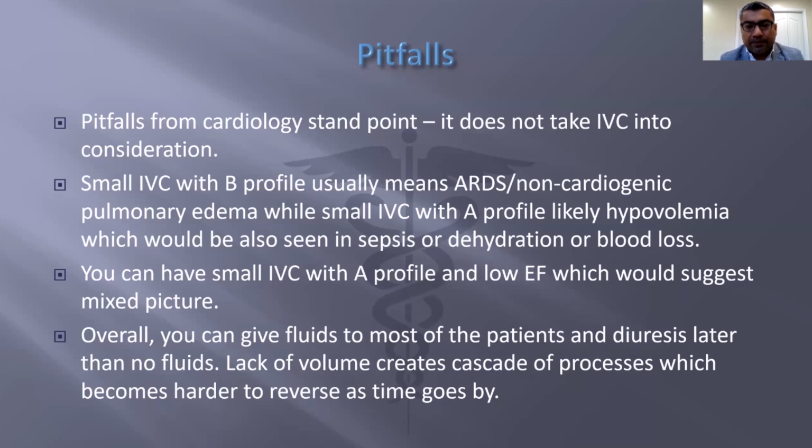So if you miss septic shock, if you miss hypovolemic shock, just by looking at short axis images and you see that the EF is low, then you are already behind the game, and you may just lose the patient's hemodynamics. Eventually, none of the pressor support or inotropic support would help because there is no volume to vasoconstrict.